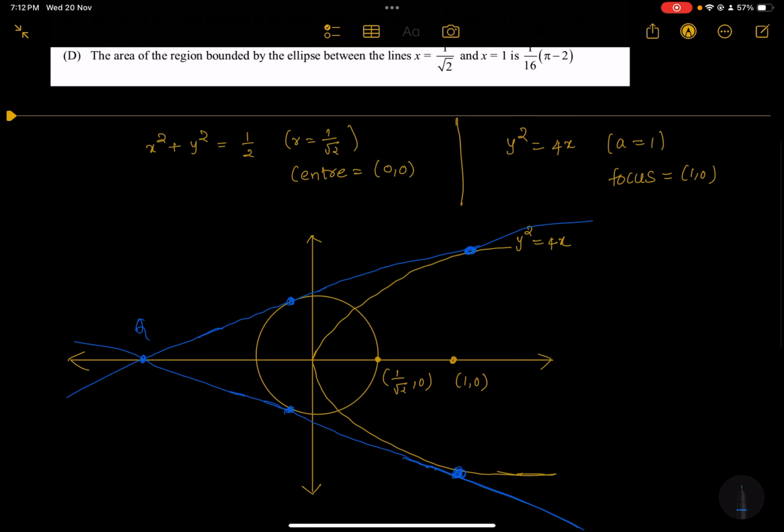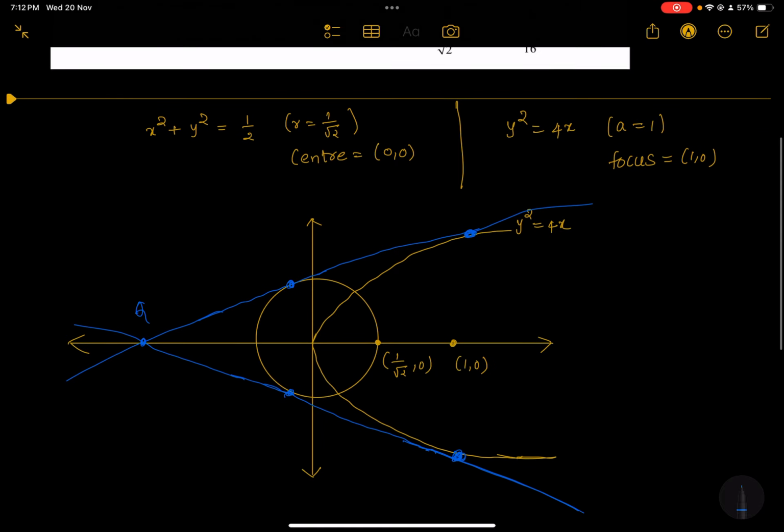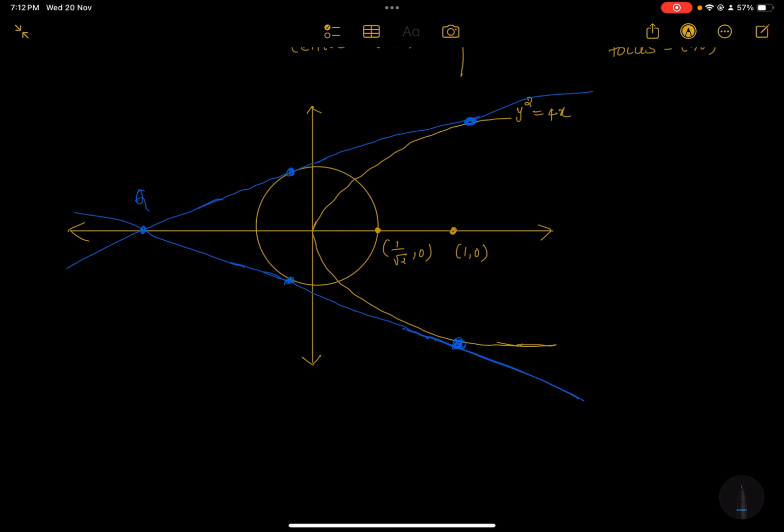Now at this point, before going through the next part of the question, let us analyze things about this construction first. The circle is symmetric about x-axis. The circle looks exactly same above and below the x-axis, and the parabola is also symmetric about x-axis.